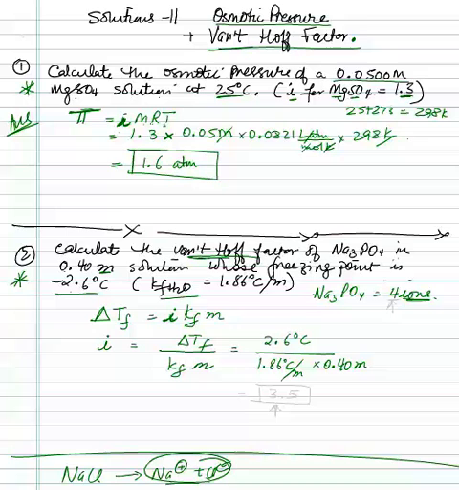Sometimes you may have to do these calculations, but in this case at least everything is given to us. And so the answer for this question is 3.5. That tells you that instead of having the effect of 4 ions, you're actually having the effect of only 3.5 ions, because the dissociation of sodium phosphate is not complete.